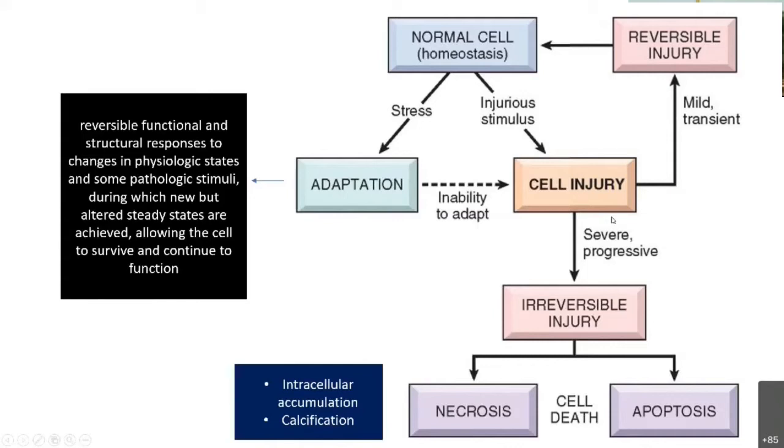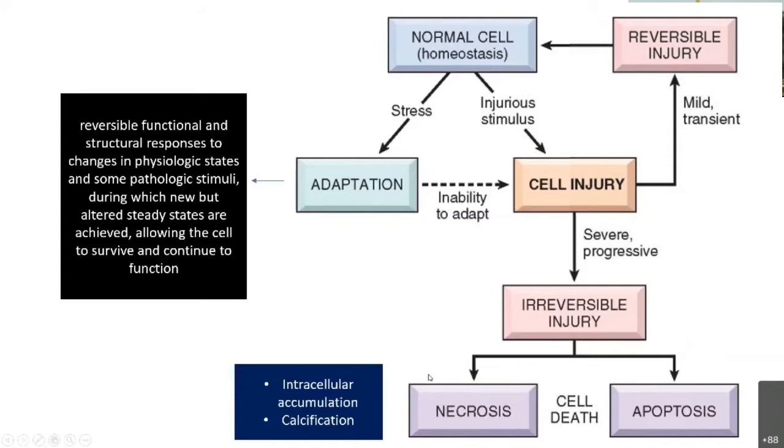However, if the cell injury is severe and progressive, like if the oxygen supply is cut off for a long time, then the cell will go into a state of irreversible injury, and ultimately the cell will die. And there are basically two types of cell death. One is necrosis, and another is apoptosis. There are other features of cell death also that I'll discuss in the next class.